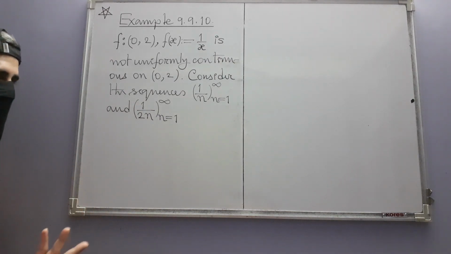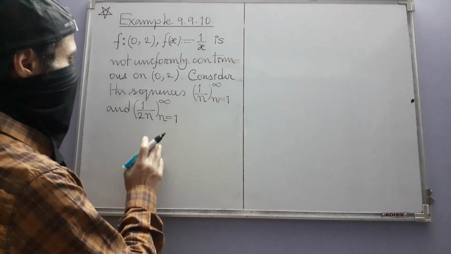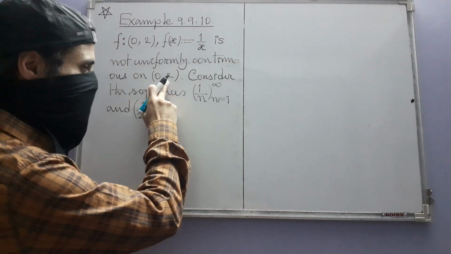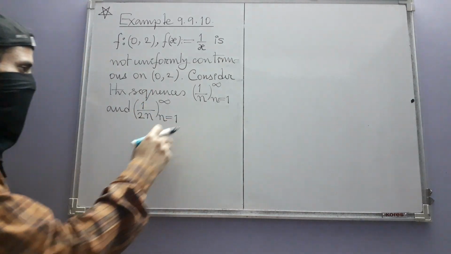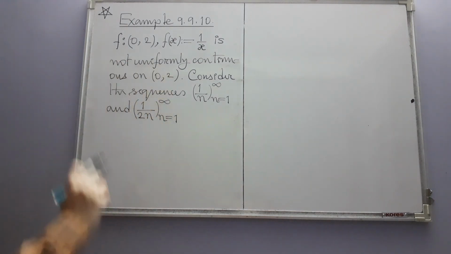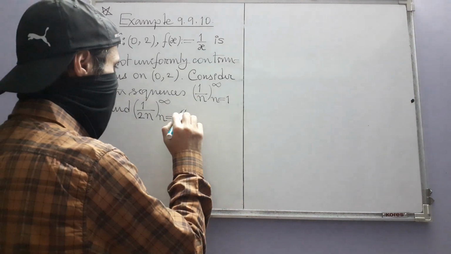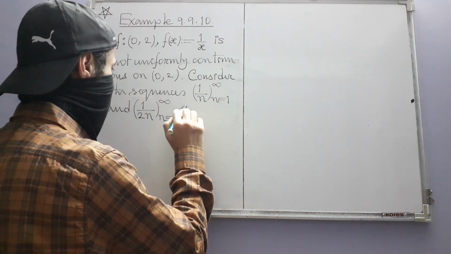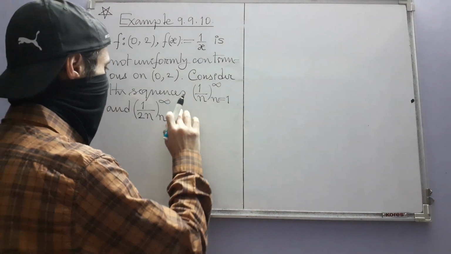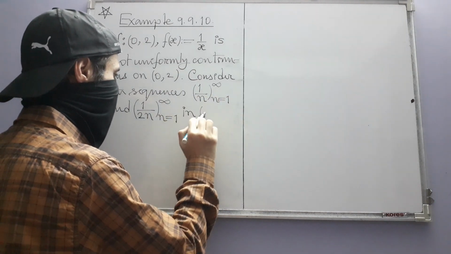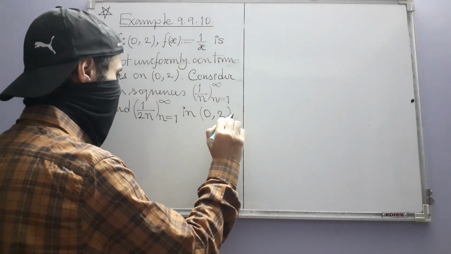So we start n from 1. Now it is clear that both these sequences are in this set. That means in each sequence all the terms are elements in this set. We should mention that, consider these sequences in (0, 2).